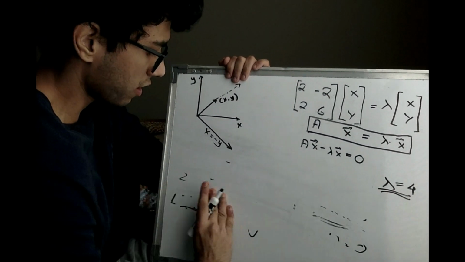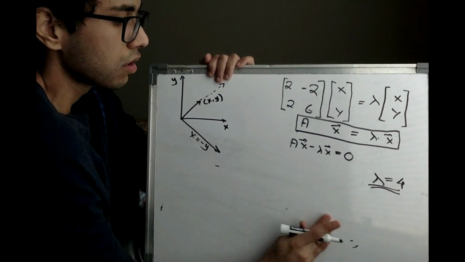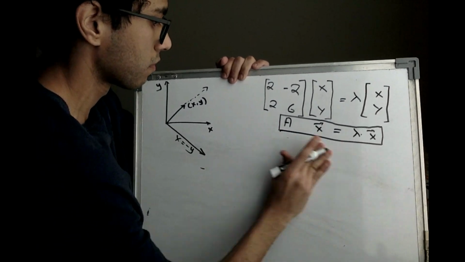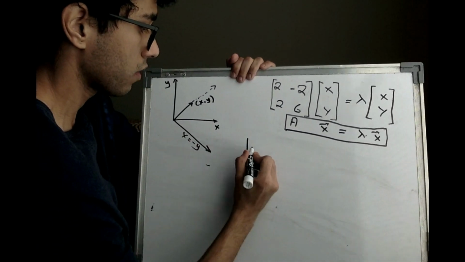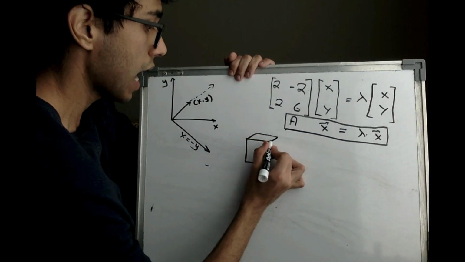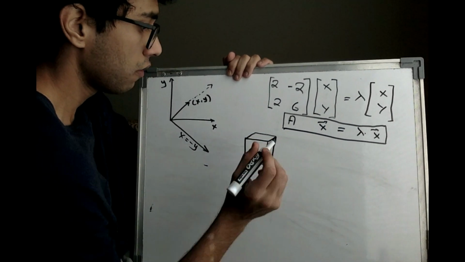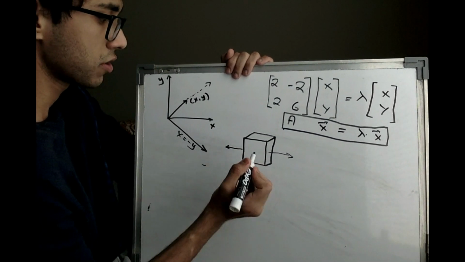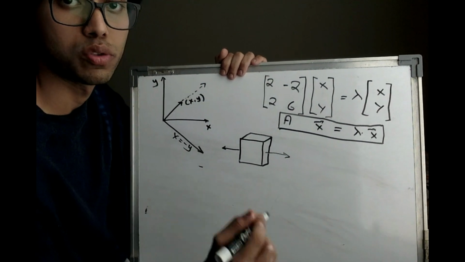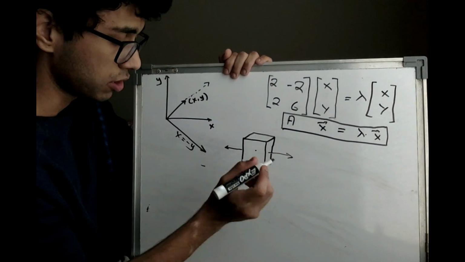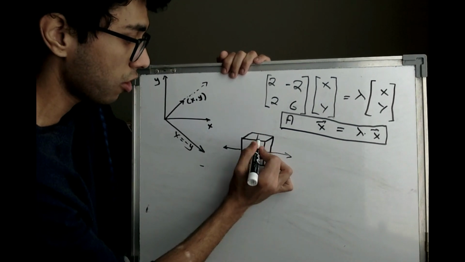More practically, let's take another example. Let's say I have a cube this time. So let's say I have a three-dimensional cube or space, and I'm applying force on this cube, in this direction and this direction, such that the cube will get stretched. Now the cube can be considered as a three-dimensional space with origin in its center and vectors spreading all across the space.